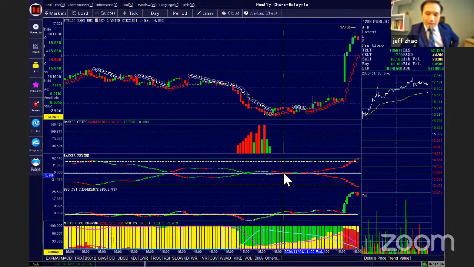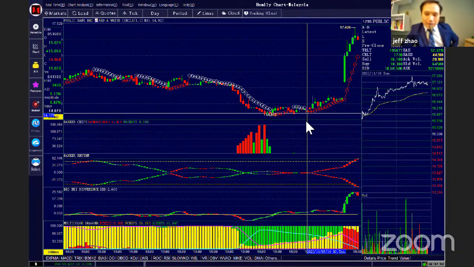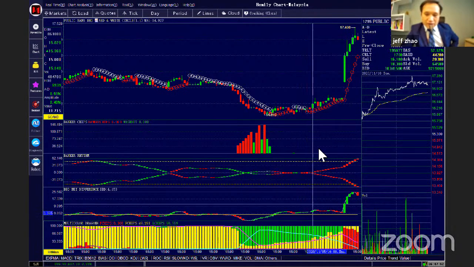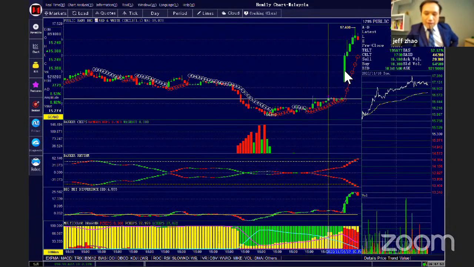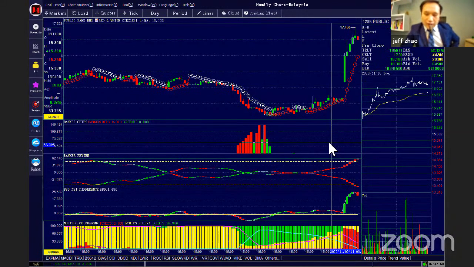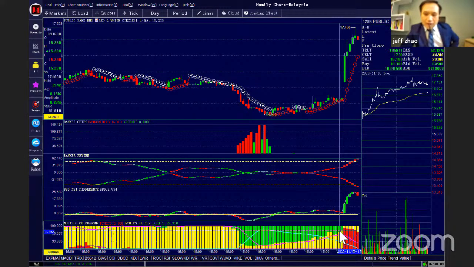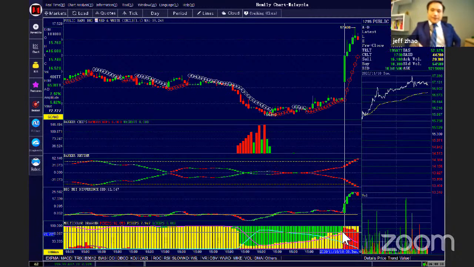How can we confirm the buy point? We can use the BBD net difference. During the uptrend, how can we hold it until the end of the uptrend, not sell halfway through the uptrend, or before the price goes up fast? You can see from here, you can confirm with the multicolor Dragon X.